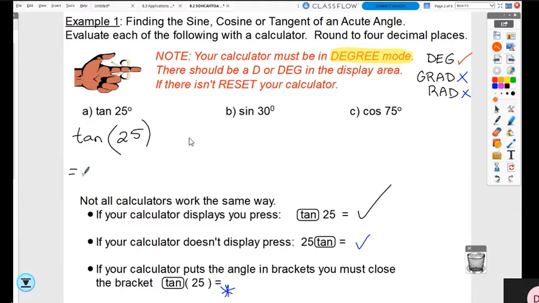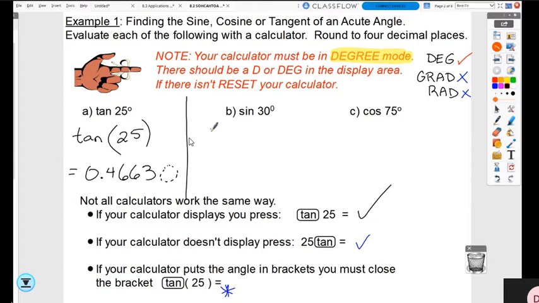So what'd you get? 0.4663, and then the next term is a 0, right? There's a 0 there, but that 0 will not round the 3 up, so we'll just leave it as 0.4663. Great.